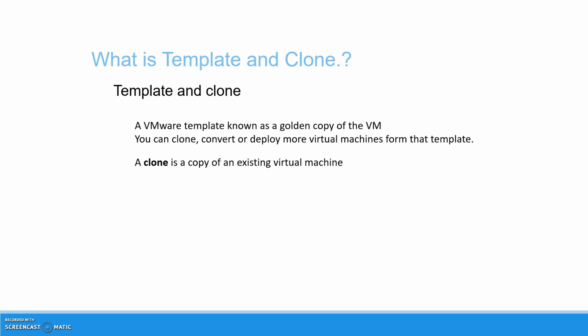You can create multiple virtual machines similar to the previous one, and with a clone you can create the same copy of the virtual machine at the same time. But what is the difference between a template and a clone? The main difference is that by using a clone, you are able to deploy only one virtual machine, and by using a template, you can create multiple virtual machines from the same image.